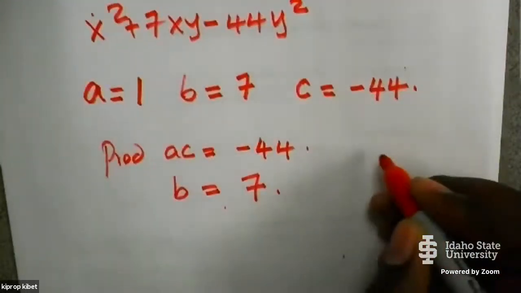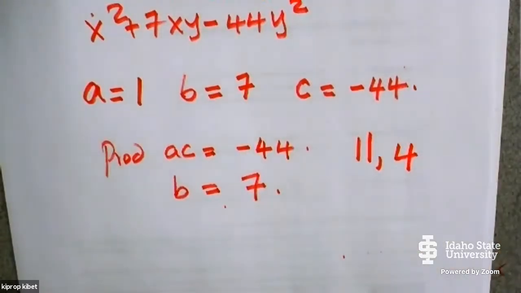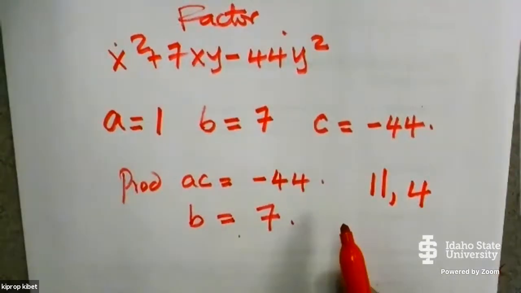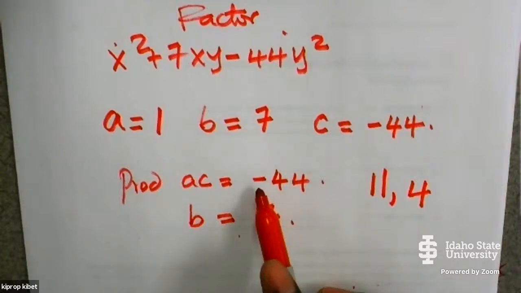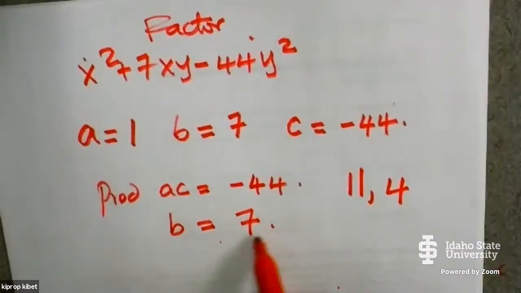11. So if you take 11 and 4, right? If we take 11 and 4, because we want to get the product as negative 44, that means one of them should be negative. And the sum is a positive one.